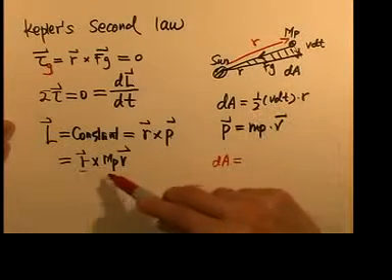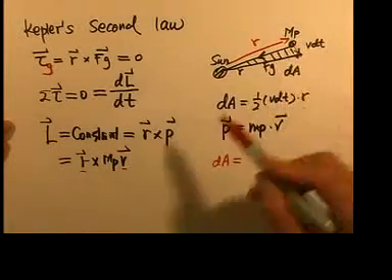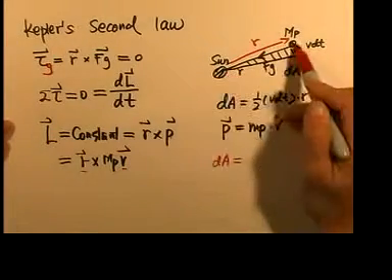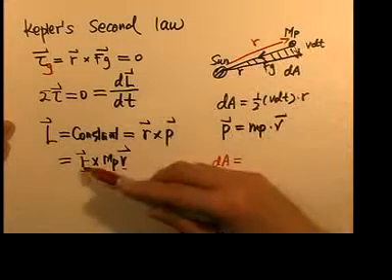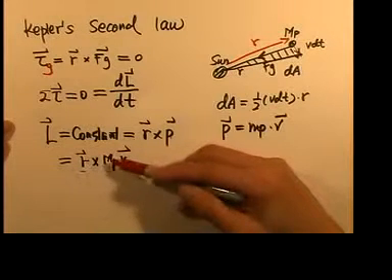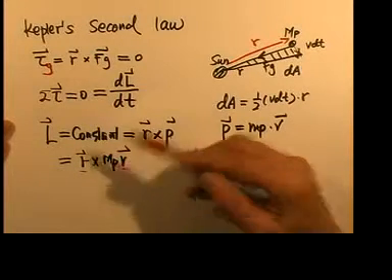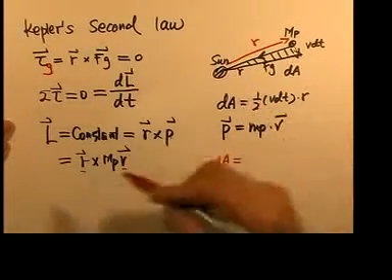You see this r, you see this v? This is the tangential velocity. When we have a vector crossed with another vector, that is this vector's magnitude times that magnitude times the sine of the angle between them. Right now, the radius and tangential velocity are at 90 degrees. Sine 90 is equal to 1.